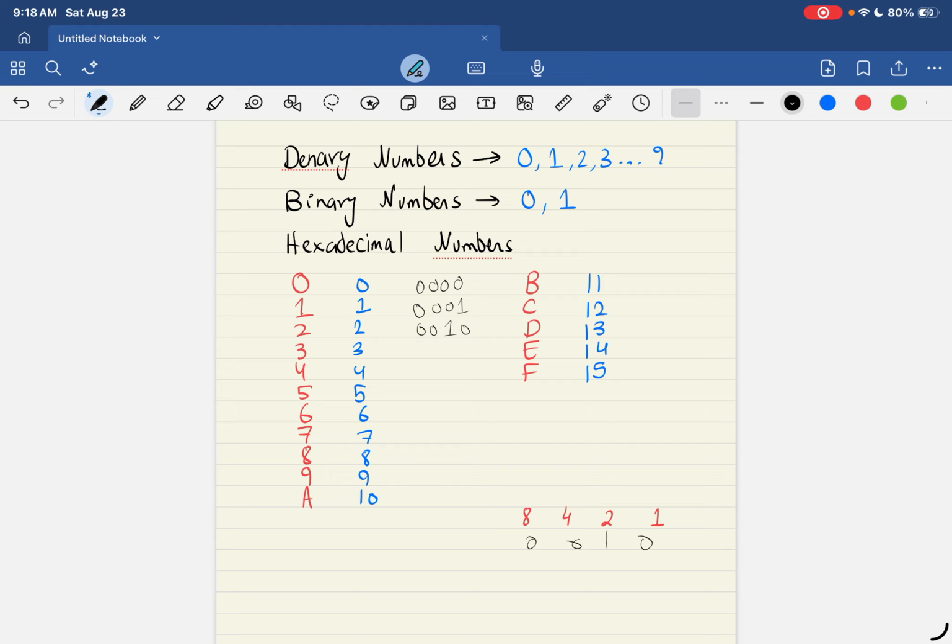Just the same way, I'll go ahead and write down the rest of the conversions. You can pause the video to check them yourselves. For 7 it will be 0 1 1 1.